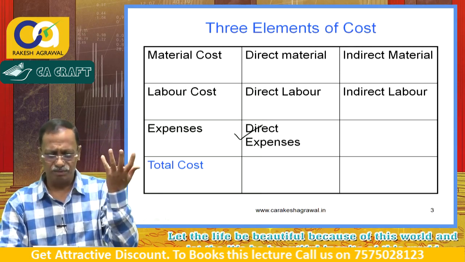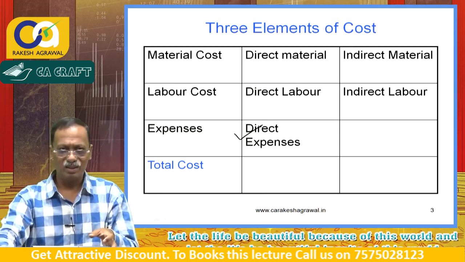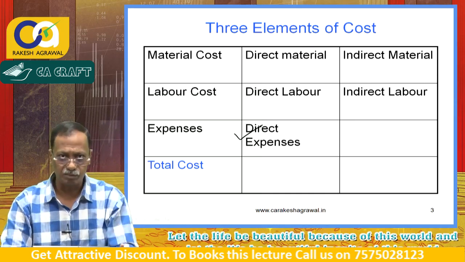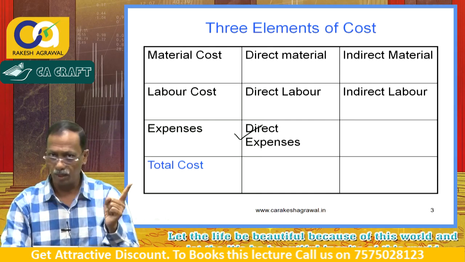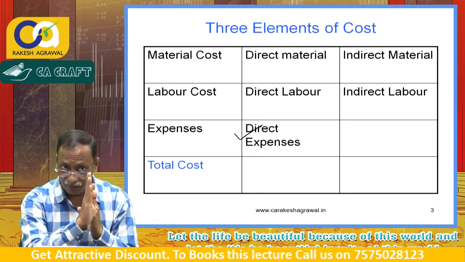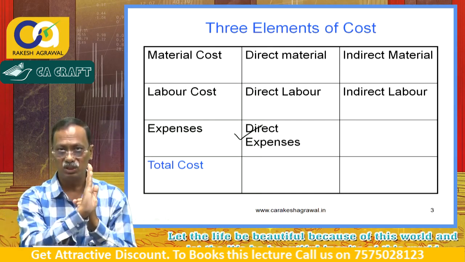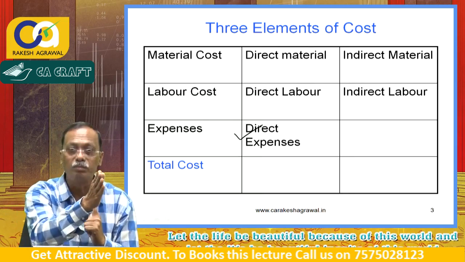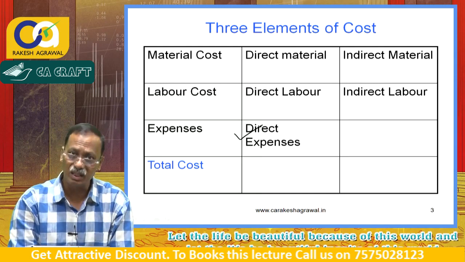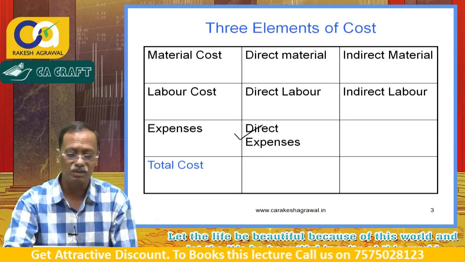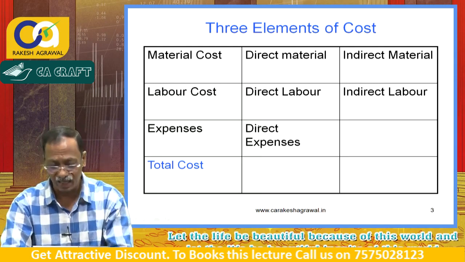So you may think, there is no list given that this list of items is direct expenses. First of all, it should be an expense. It should not be material nor labor. It is an expense, but you can very easily establish the relationship between that expense and the cost object, meaning the product which you are manufacturing. If the relationship is convenient and can be easily established on a one-to-one basis, it will be called direct expenses.